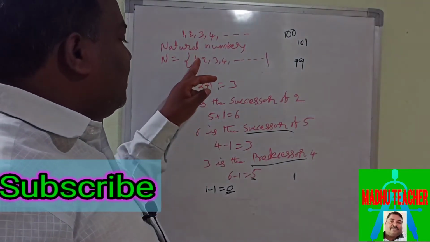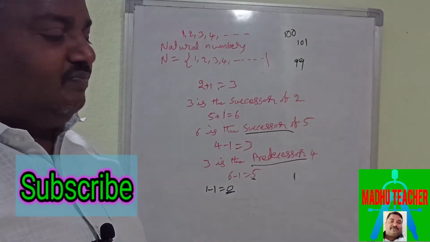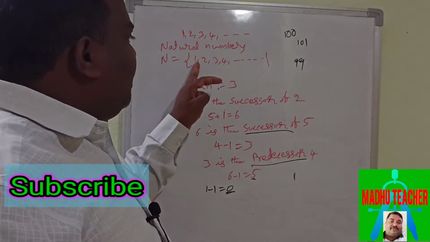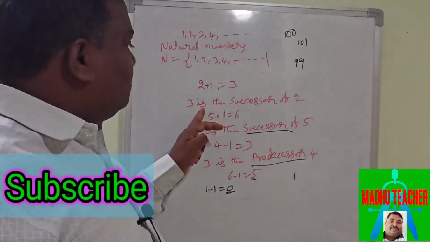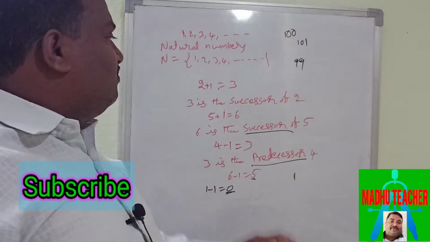Except for 1, we can write a predecessor for any natural number.